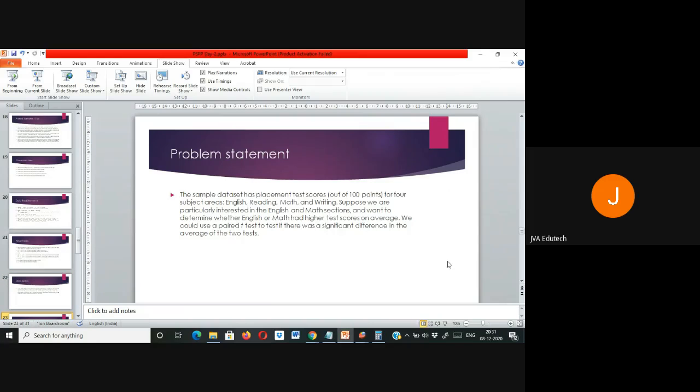Now the problem statement. The sample data set has placement test scores out of 100 points for 4 subject areas: English, reading, math and writing. Let's suppose we are particularly interested in the English and math scores and want to determine whether English or math had higher test scores on average or not.